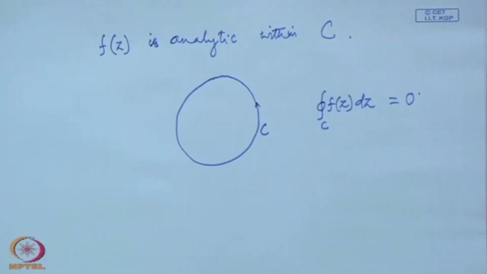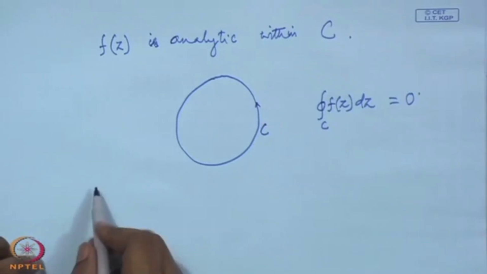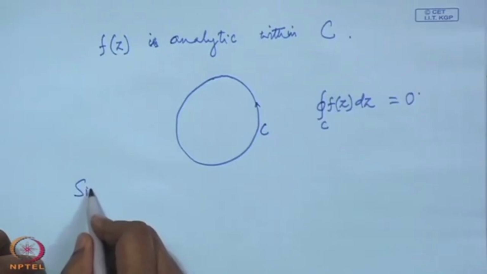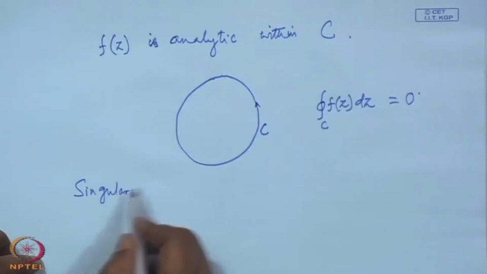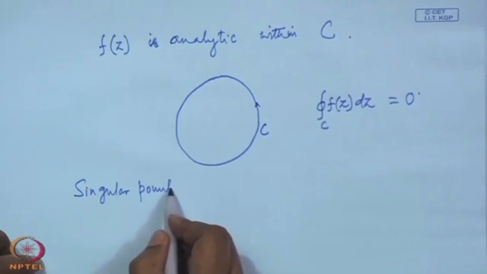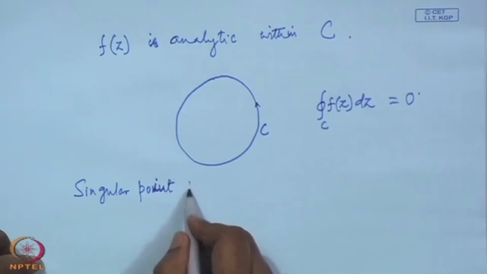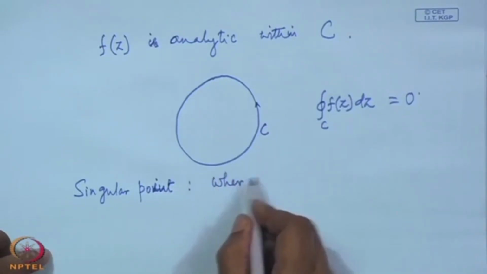Now let us say we have a function which is analytic everywhere except at certain points. At a few points it is singular. Then what will be this integration? First of all, remember the singular point: the point where the function ceases to be analytic.